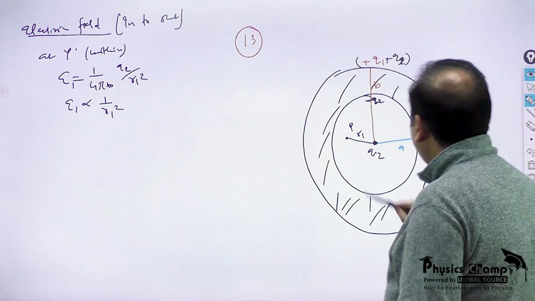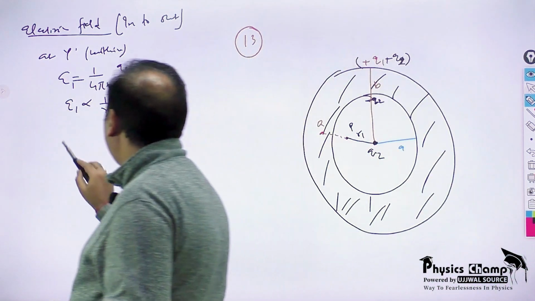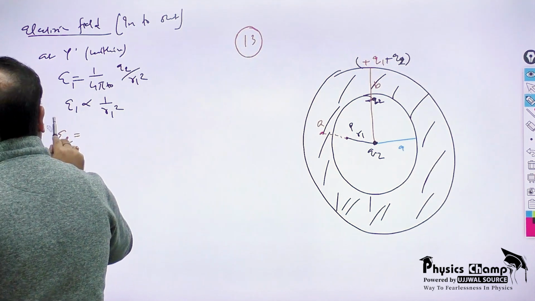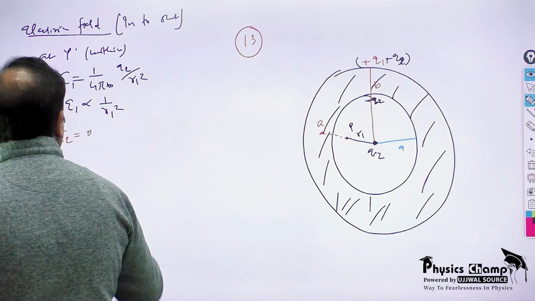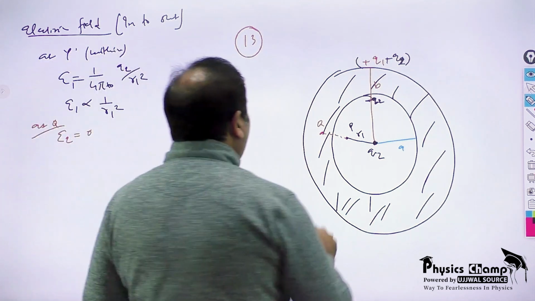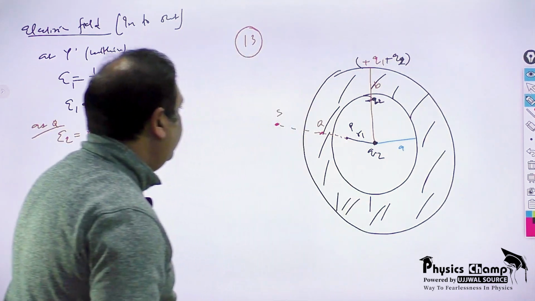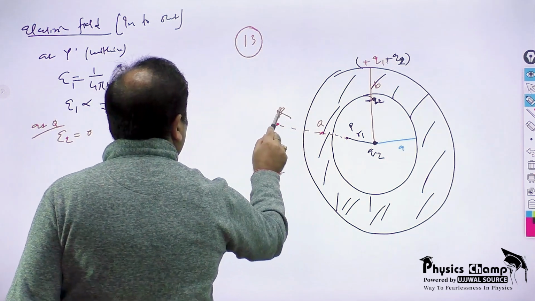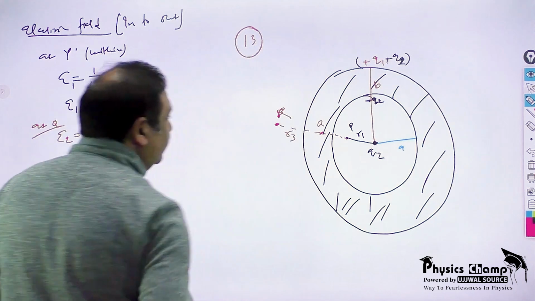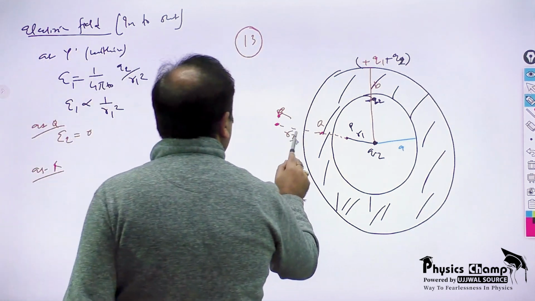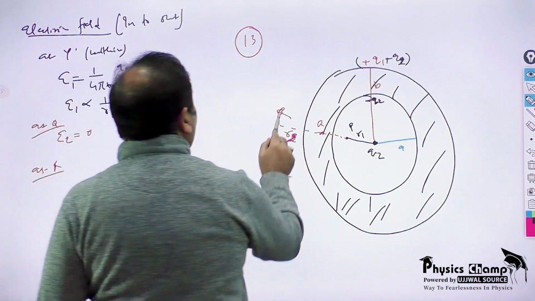Then what do you think of the electric field at point Q? Electric field at Q, E2, is within the metal, in the shell. So E2 will be 0. And what is the electric field at a point R, at radius, let's call it R2? Who will provide the electric field at R?